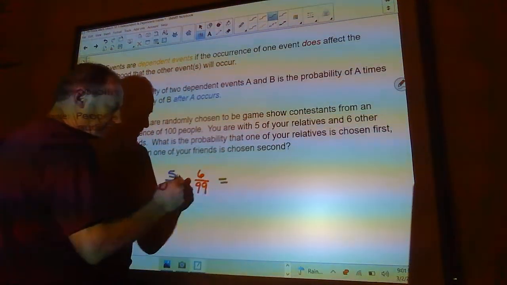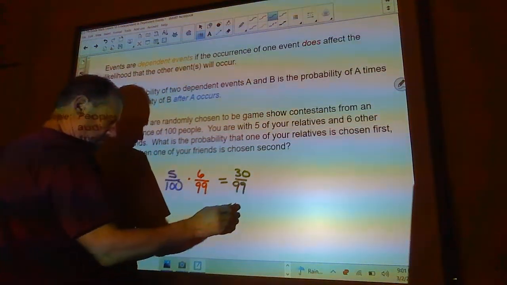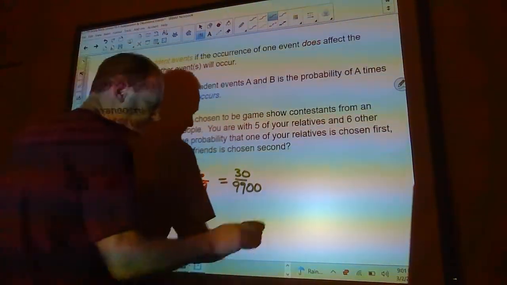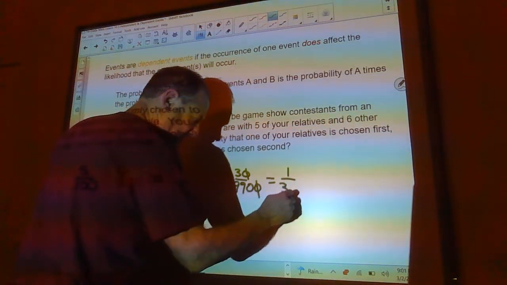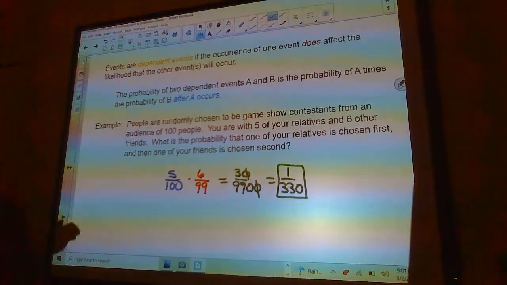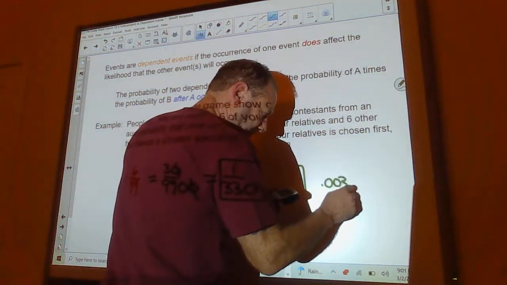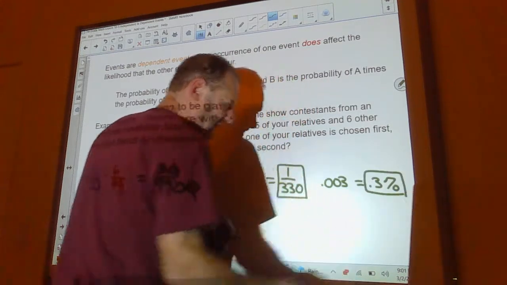So this will end up being 30 out of 9,900, which will reduce. We can slash a 0 off there, and then 3 will go in there once, and 3 will go in there 330 times. So the probability is 1 in 330. If we convert that to a percent, that's about 0.003 or 0.3%. So not very likely.